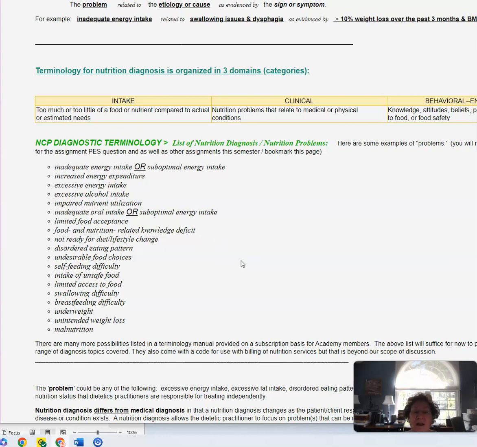Every time you're determining a nutrition diagnosis, this semester that is, it must come from this list. So you'll see inadequate energy intake that I mentioned. I also stated our second problem was food and nutrition related knowledge deficit.